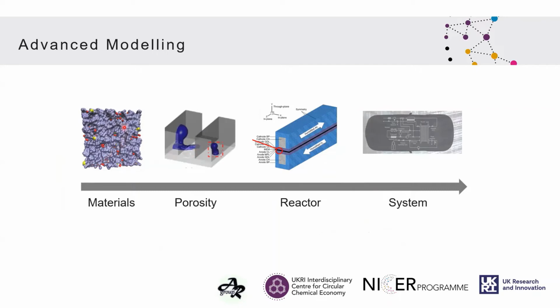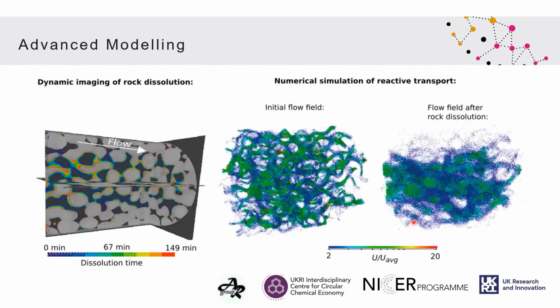It gives information about materials, the porosity of the materials, the reactor, or it can even go further to a whole system. This is a very big case on the porosity. We could look at how the reactants flow within this reactor or system with different pellets.